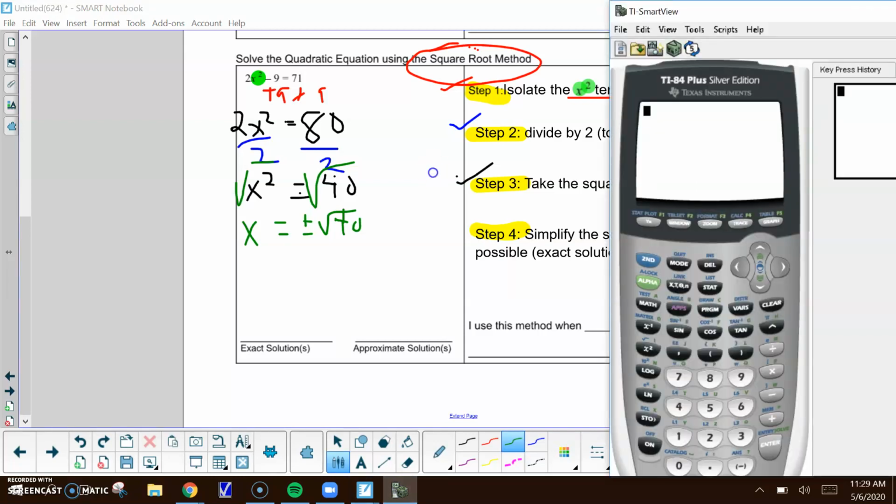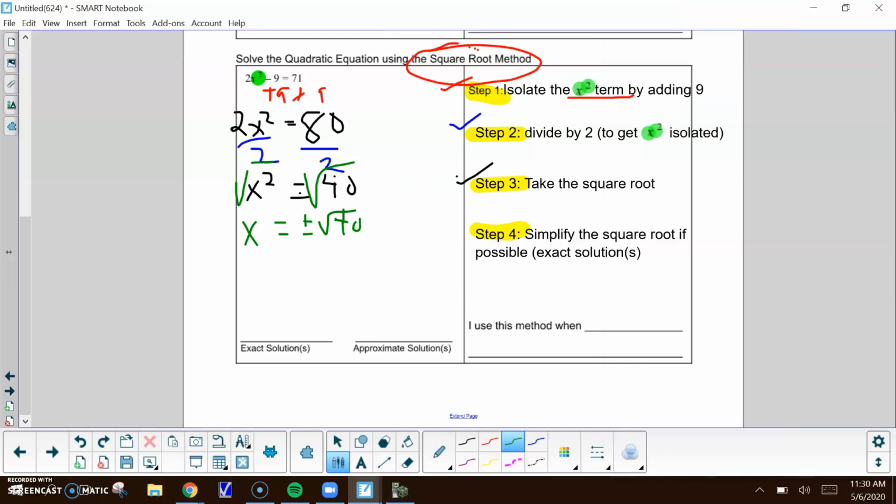So I'm going to press second, x squared to get my square root, and I press 40, so it is 6.32. So I'm going to round to the nearest hundredth, so x is equal to about 6.32, but just remember positive and negative.